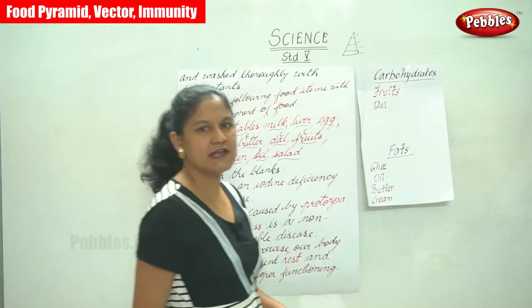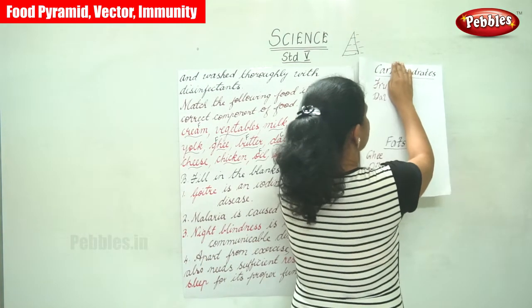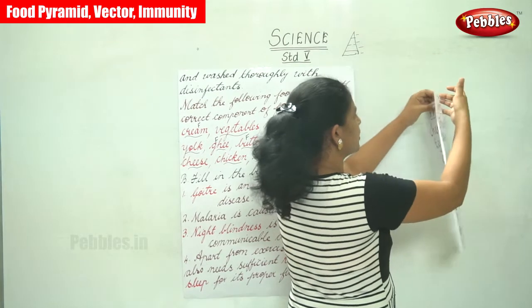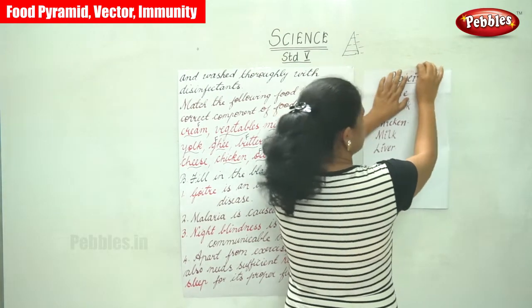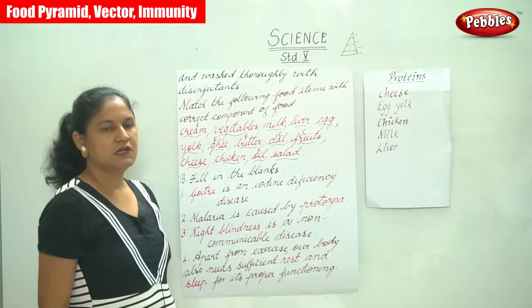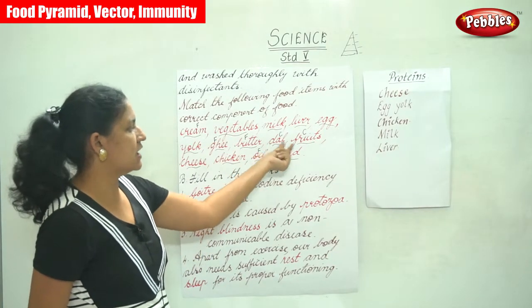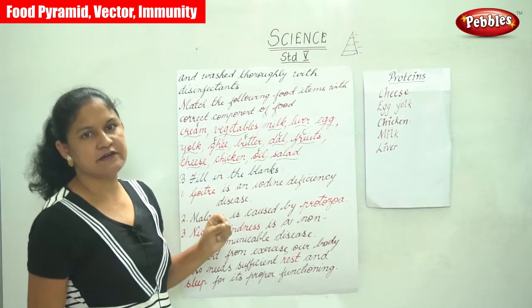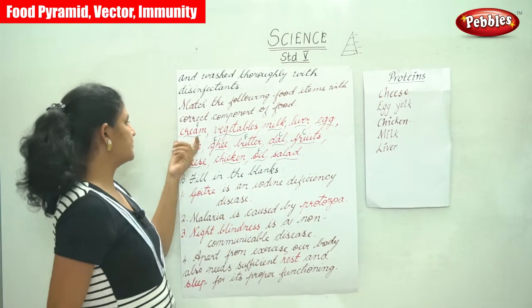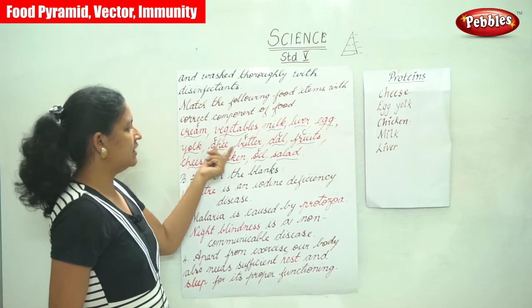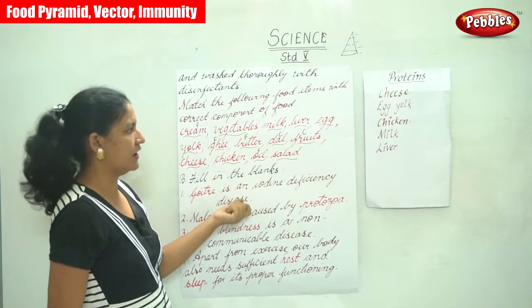Moving on to the next, that is proteins. So I'm going to place items under the proteins. In the first column I have placed carbohydrates: dal and fruits. Under fats I have placed cream, ghee, butter and oil.